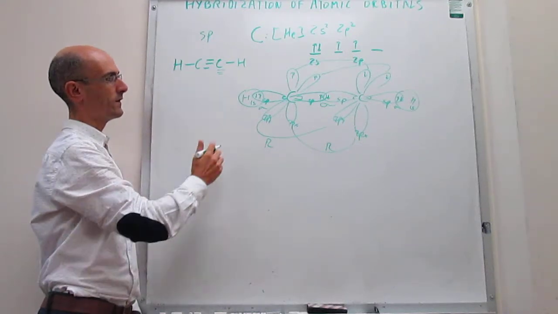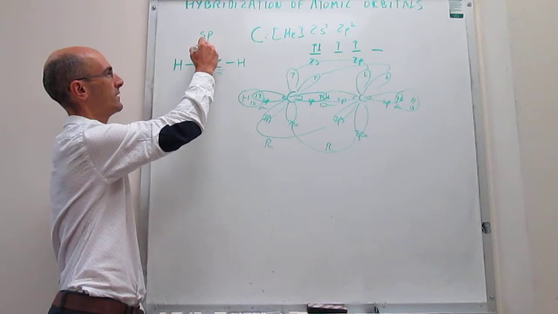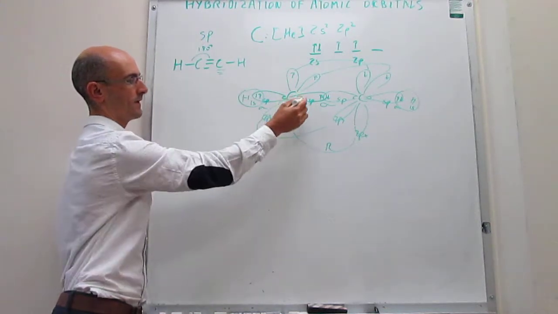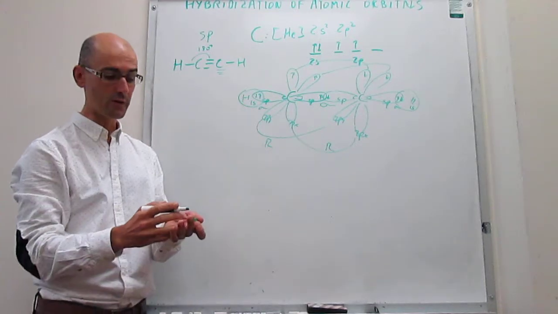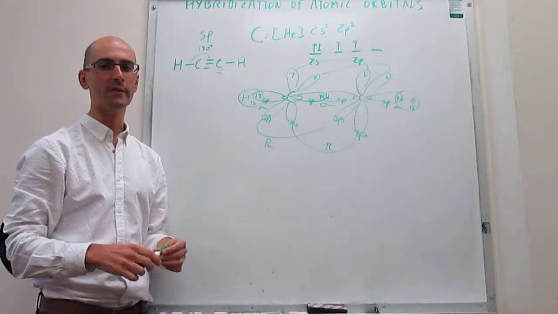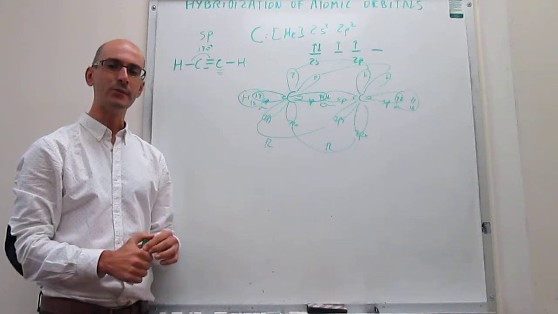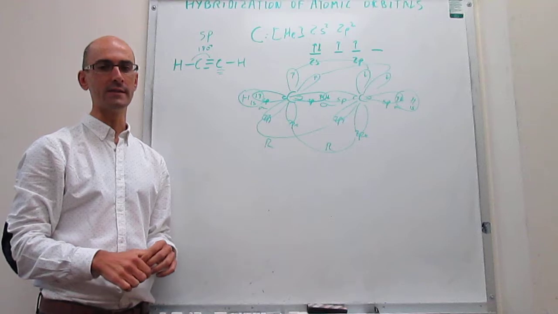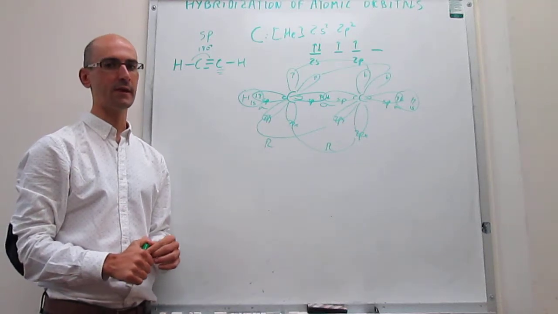And we know that the structure here should be linear, 180 degrees, because when we build these hybrid orbitals, the sp's are pointing in opposite directions, and they do form a 180-degree angle. So in this video we have explained the structure and the bonding of the molecule acetylene by invoking sp hybridization.